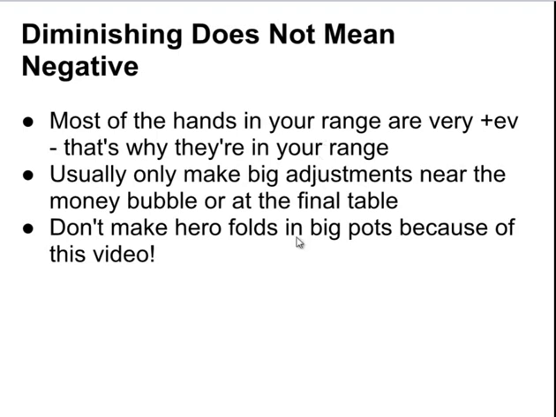And so the most important part of all, I would say, is that we're talking about playing tight, but we're not talking about making big hero folds in big pots. A hero fold is a situation where, against the range that you would normally be up against, your hand is a big favorite, but because of some other information that you have, your hand is instead not a big favorite, and in fact is beat, and you know to fold.